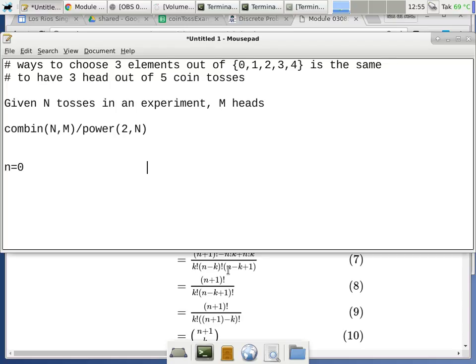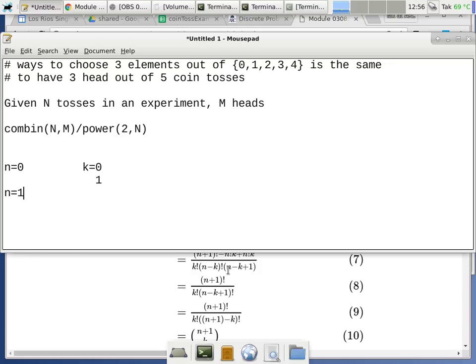I have nothing, and how many things can I choose from nothing? Nothing, 0. So k can only be 0 in this case. And how many ways can I choose nothing out of nothing? One way.